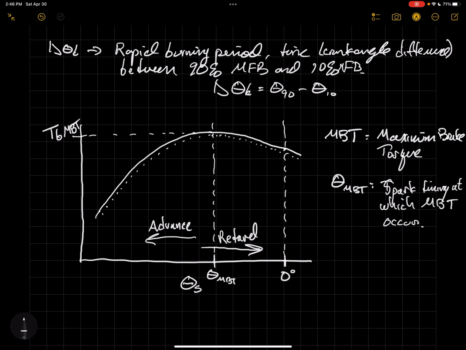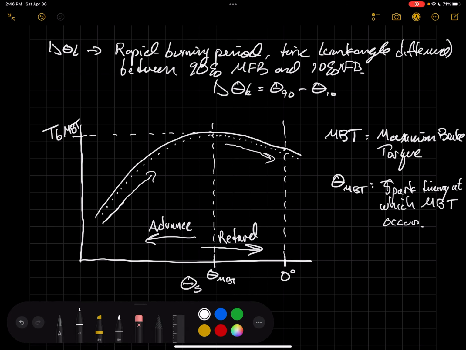Okay, so there are a few reasons as to why the torque starts off low for very advanced timings, and then why that torque continues to increase as we go to retarded spark timings, and then eventually reaches a peak, and then begins to decrease again as we go to later spark timings, okay?